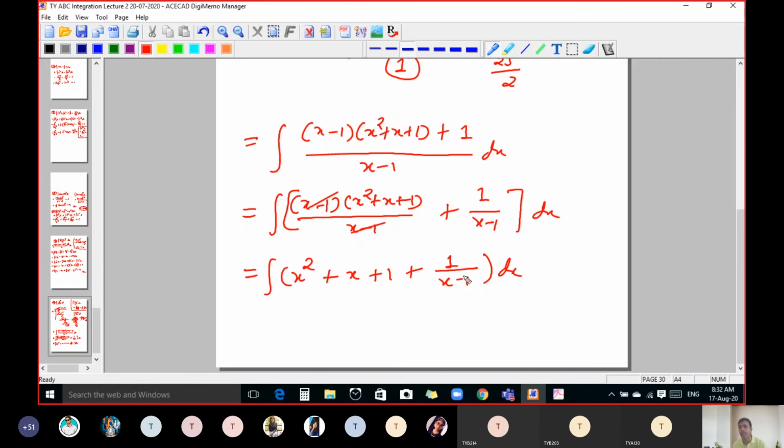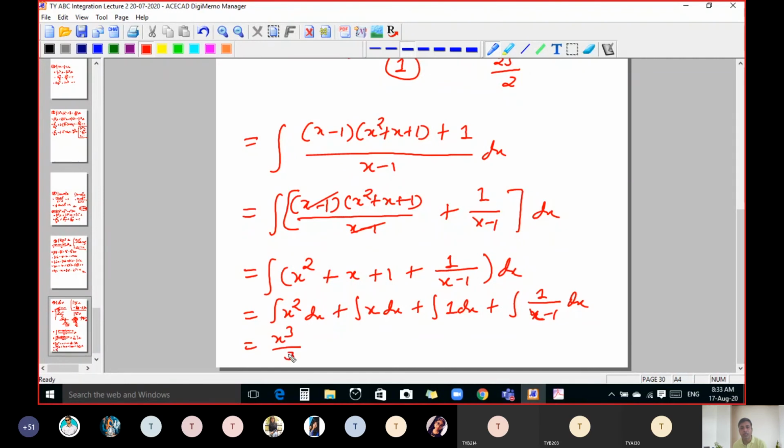And now take separate integration of each term: integration of x square plus integration of x plus integration of 1 plus integration of 1 upon x minus 1. Now we know the answer for this.